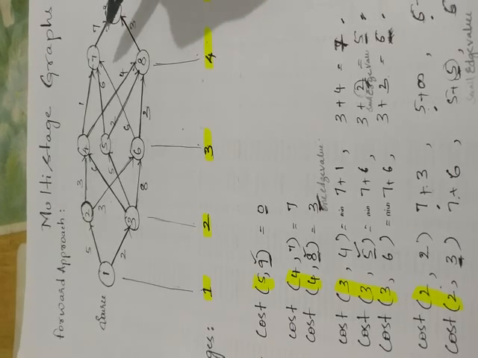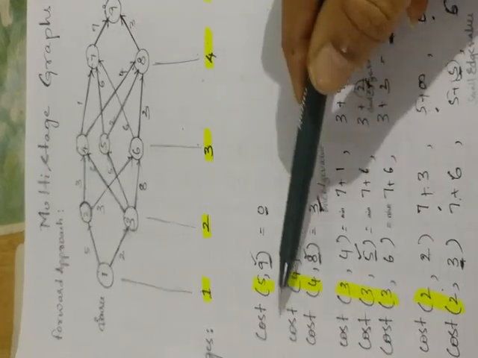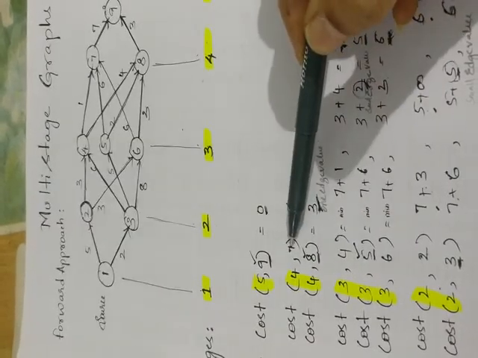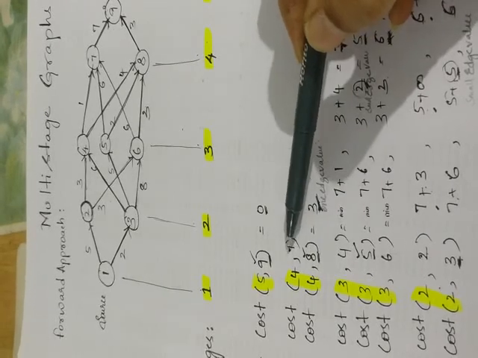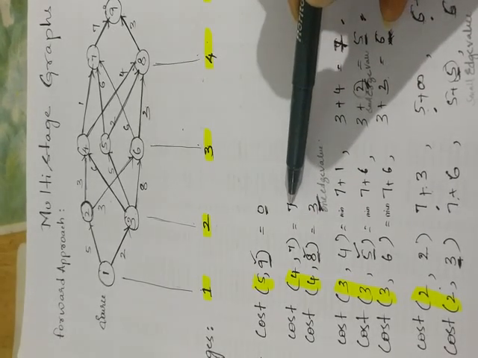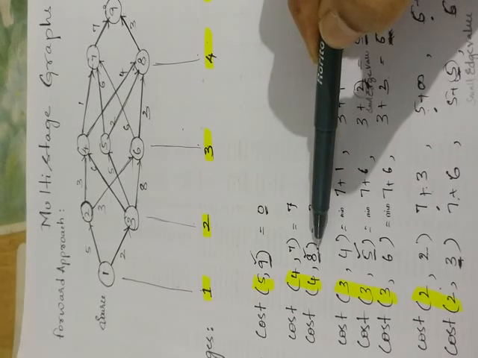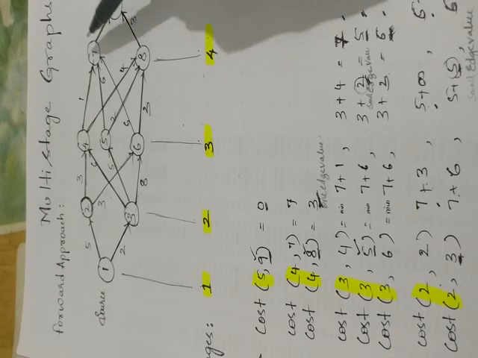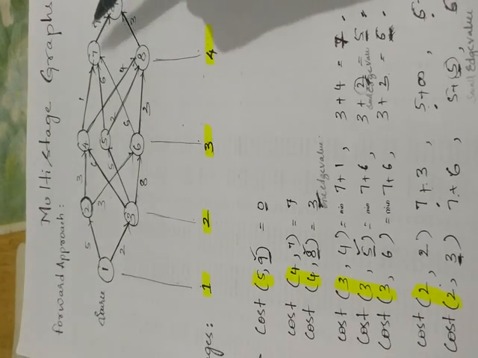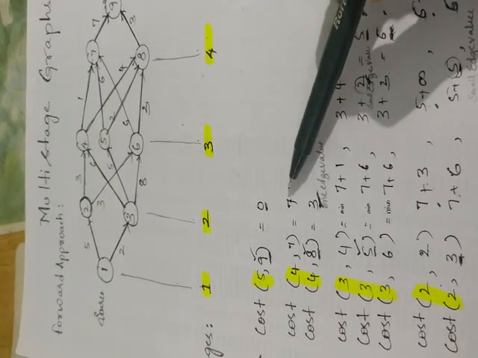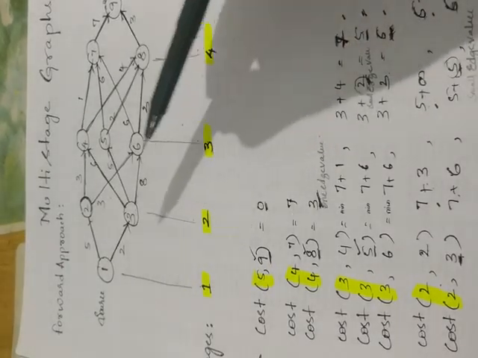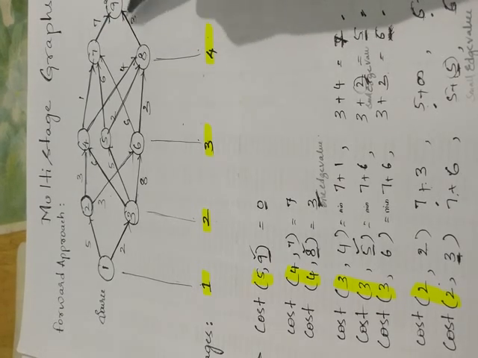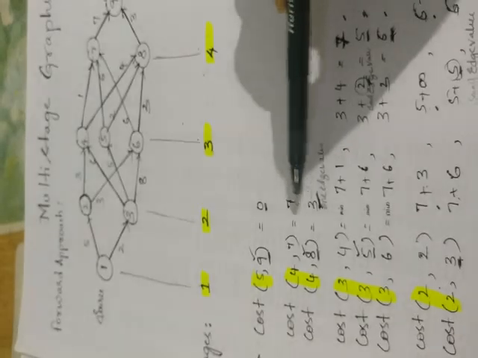So from 7 to sink it is 7, and from 8 to sink it is 3. Of these two, this is the smallest, so I will be selecting 8 to 9. I have made a note here.